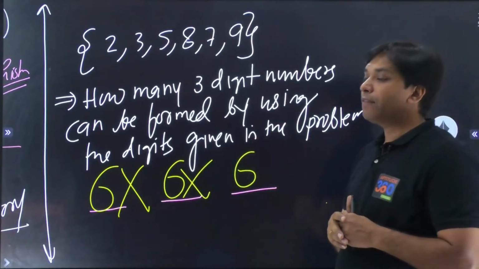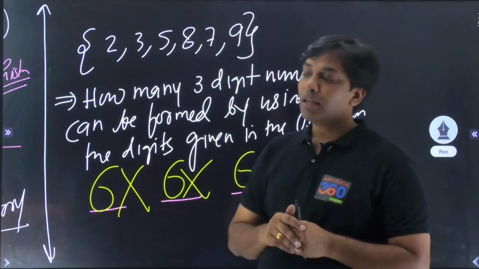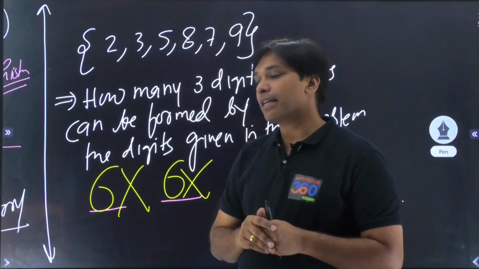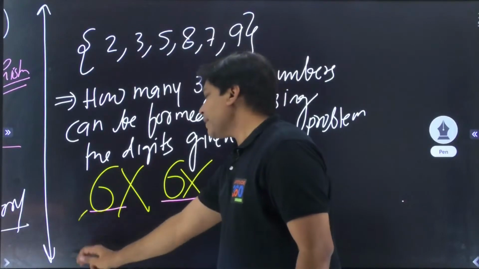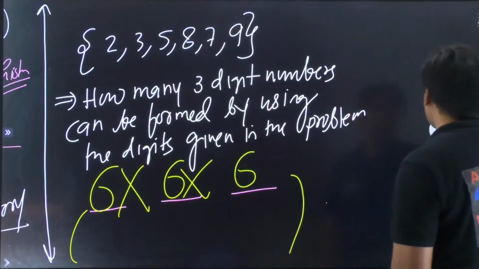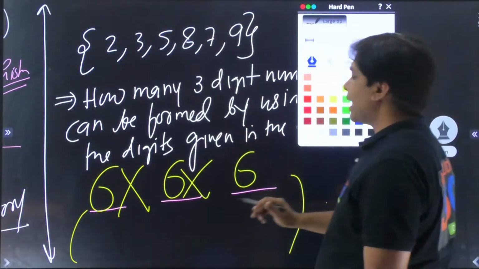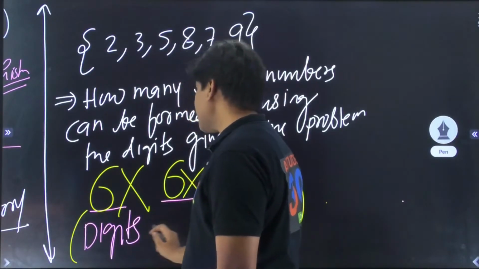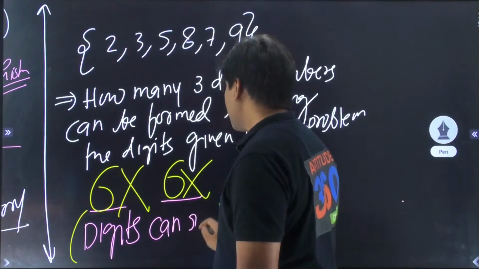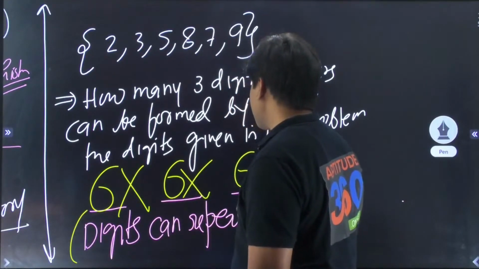So Divya, Shivani, Muskan and Vishal, you guys are getting the right answer. Is this okay? इसका क्या मतलब होता है? अगर मैंने कुछ बोला ही नहीं तो cannot you interpret that digits can repeat themselves?